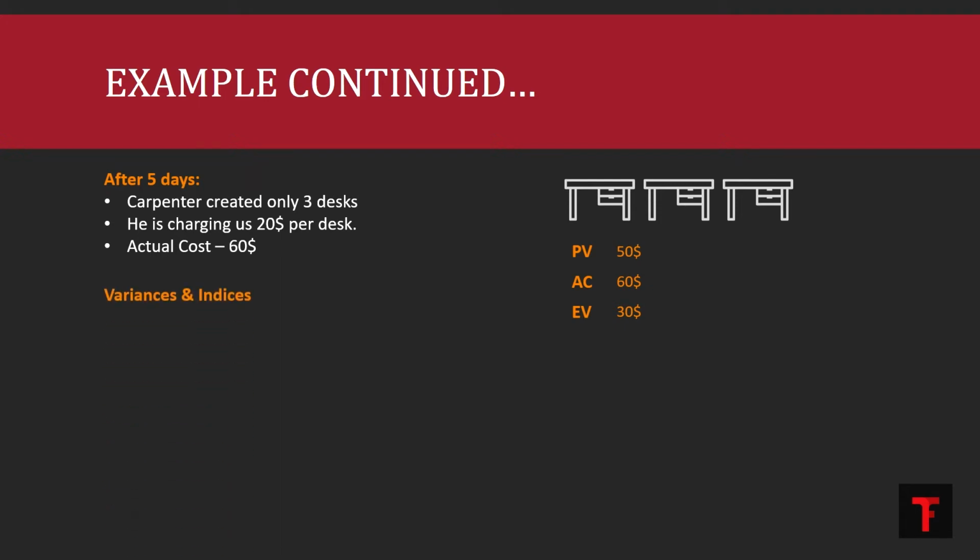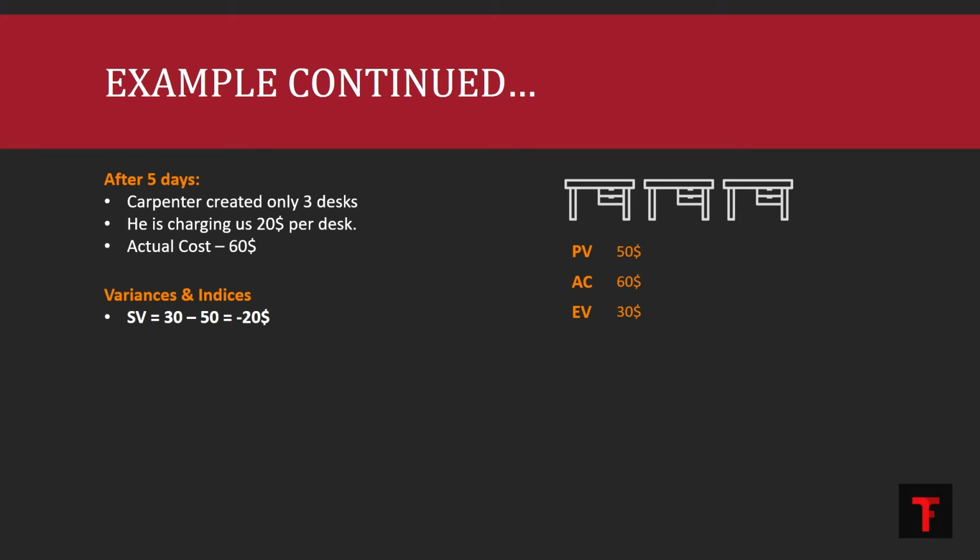To find out the variances, first let's go for SV. How much is SV? We learned earlier that SV is EV minus PV. That is 30 minus 50, which is minus 20. Now, when we say schedule variance, do not expect the value to be in terms of days. Right now, we are getting it in terms of money.